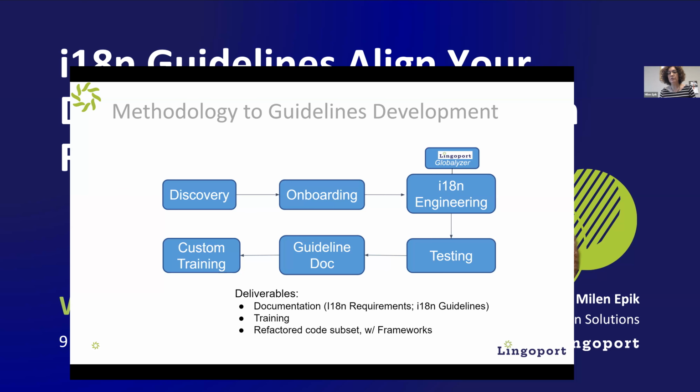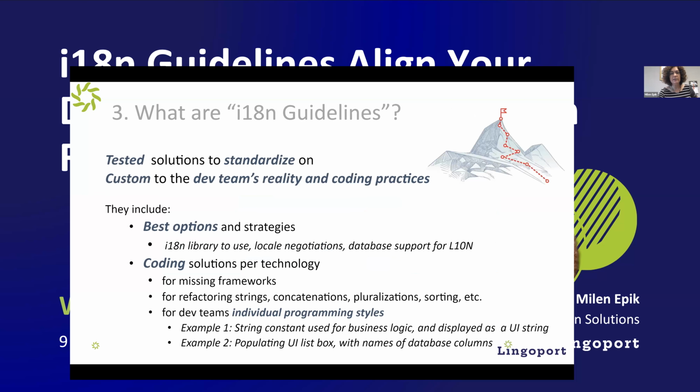So it's really important to go through whatever an engineer or a developer on your team would be going through, fix those issues, make it work in a real case scenario, and then test it using pseudo localization testing, unit testing, and then document it. And once you have the documented guidelines, we can do custom trainings that are very, very specific and helpful to the developers. So what are guidelines?